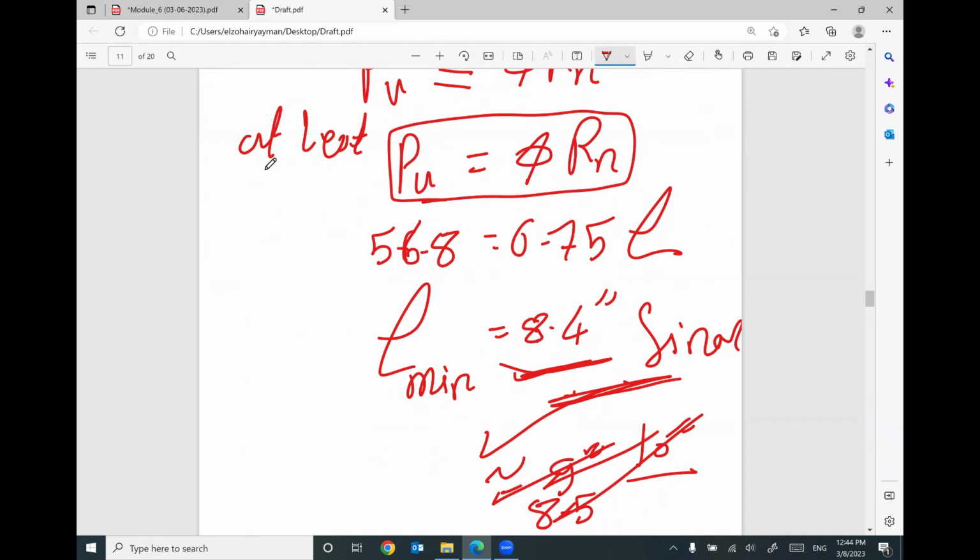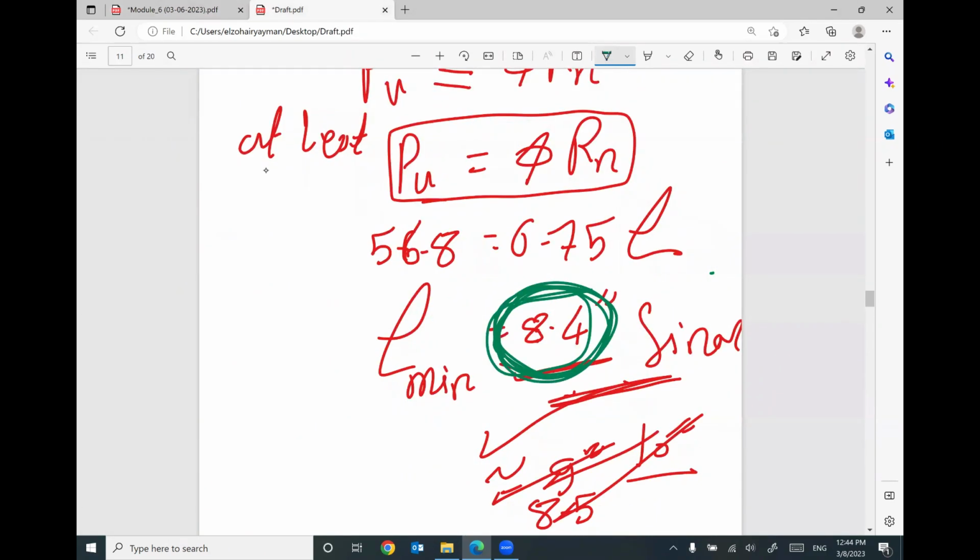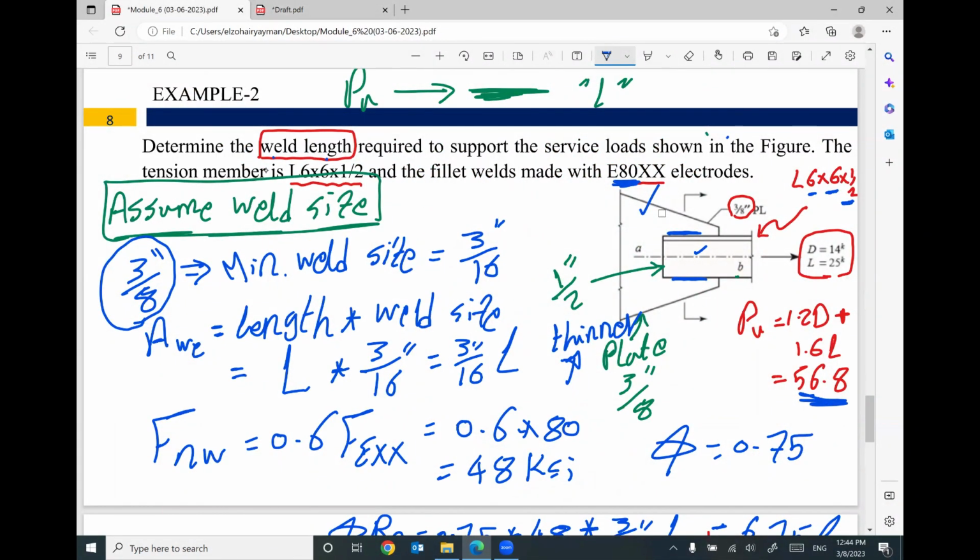My question is, I will assume I'm going to use this length, 8.4. Can anybody tell me how much I will weld here and how much here? The length based on the calculation is 8.4. So do you think I will put 8.4 here and 8.4 here? Yes, I will put 4.2 here and 4.2 inch on this one.